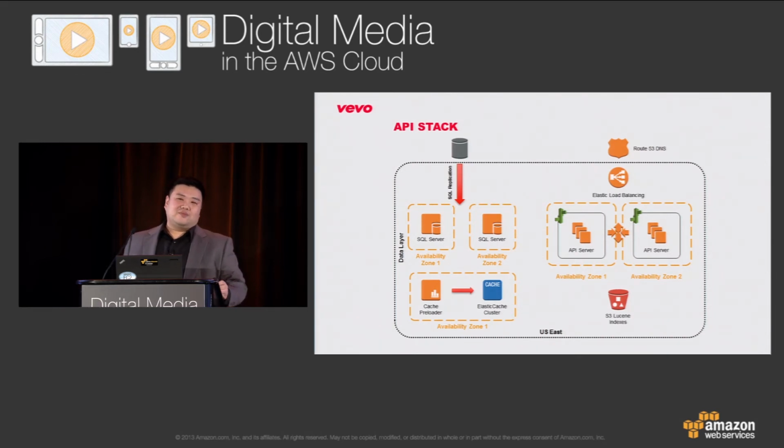We have our on-prem data center where we replicate SQL transactions over to AWS. We have multi-availability zones, and we heavily utilize caching clusters, an Elasticache feature. And the API webheads themselves are running on Beanstalk and have the capability to scale automatically.